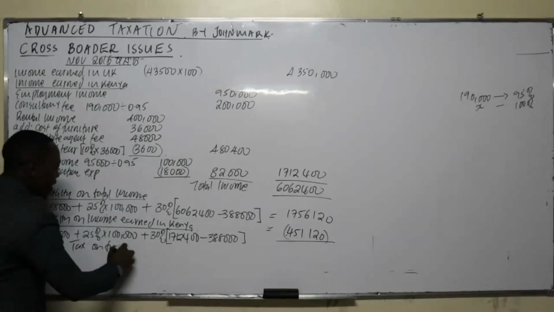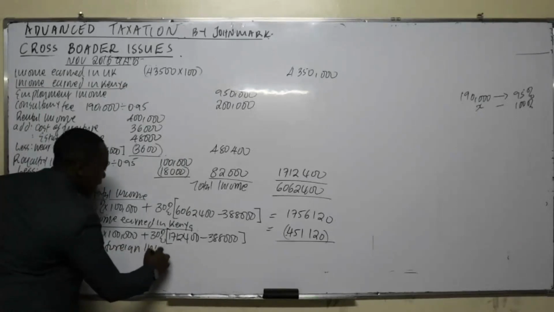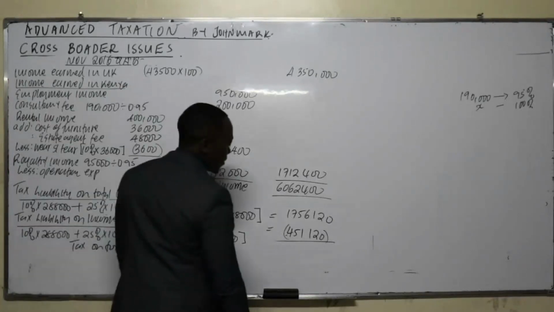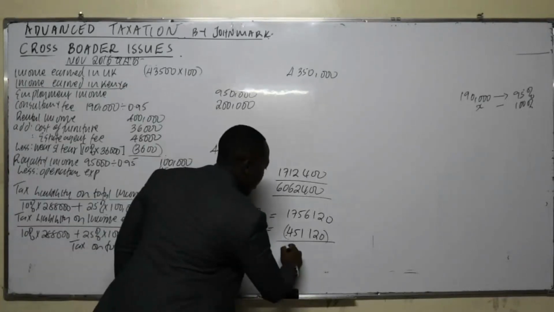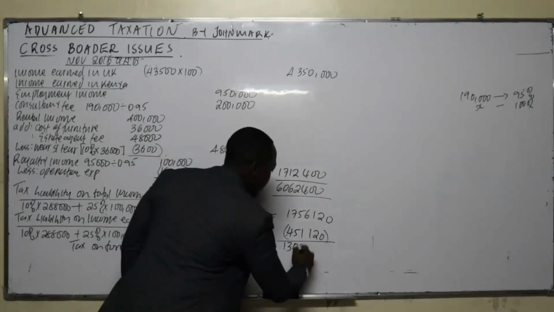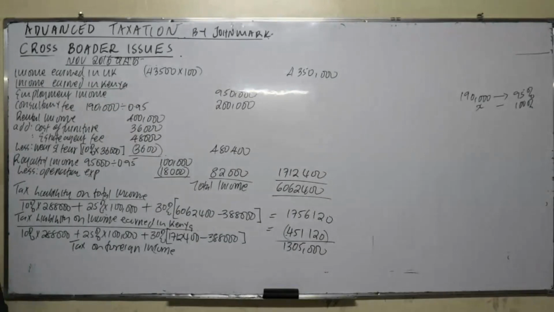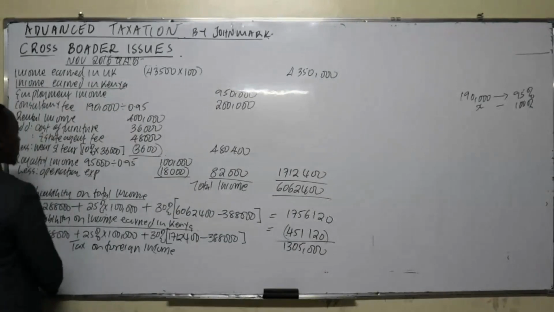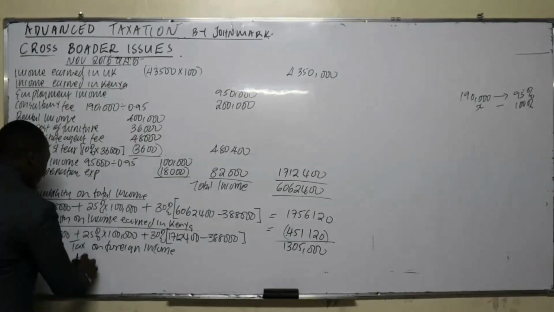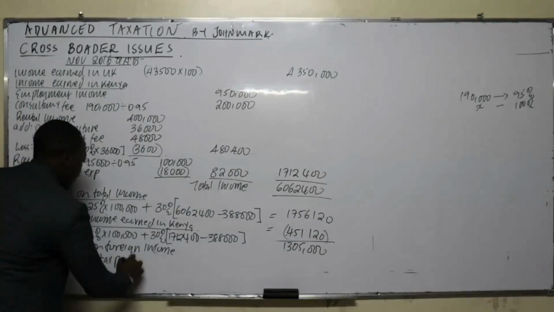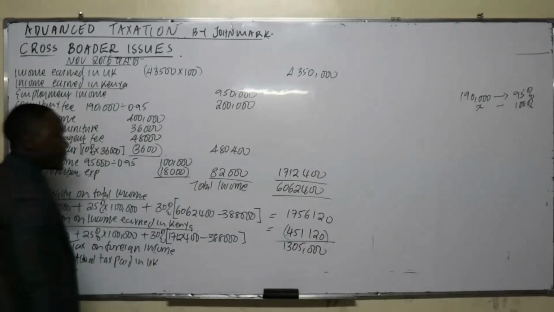So the difference there between the total and the one earned in Kenya will be now the tax on foreign income. How much will be the tax on the foreign income? Sorry? 13,05,000. Now you compare 13,05 against the actual tax paid in UK. He had paid an amount equivalent to?